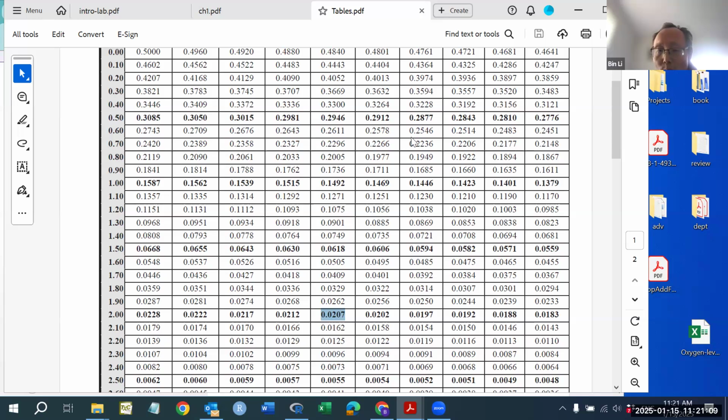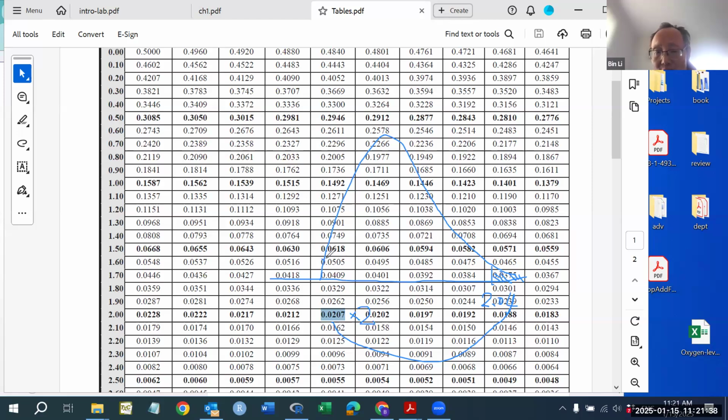And you can see this shows the probability for a standard normal. Let's say this is 2.04. The area on the right side of 2.04 is equal to 0.0207. And what is the p-value? The p-value is 0.0207 multiplied by 2.